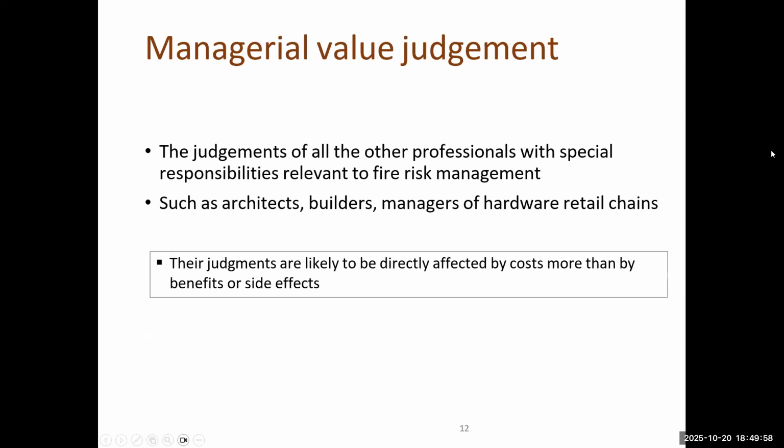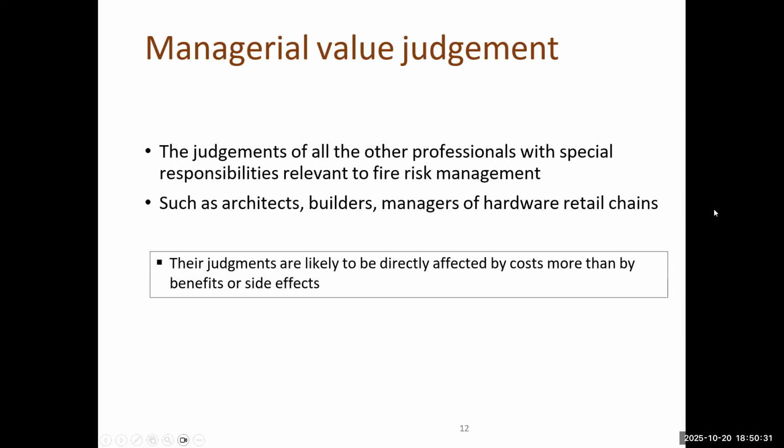So finally, we come to the management professional, someone like the architect, the builder, or the facility manager. Their judgment is heavily influenced by budget and operational constraints. Their primary responsibility is to deliver a project or manage an asset within specific financial boundaries, right?